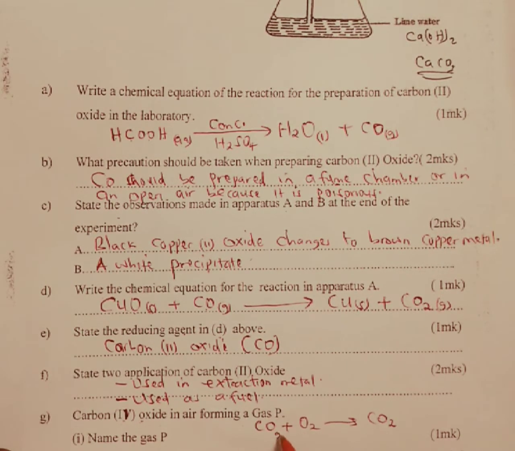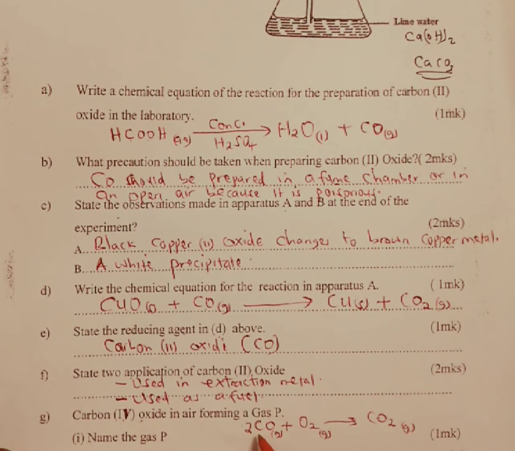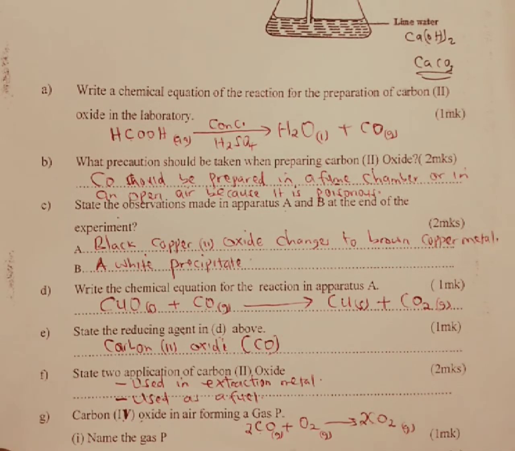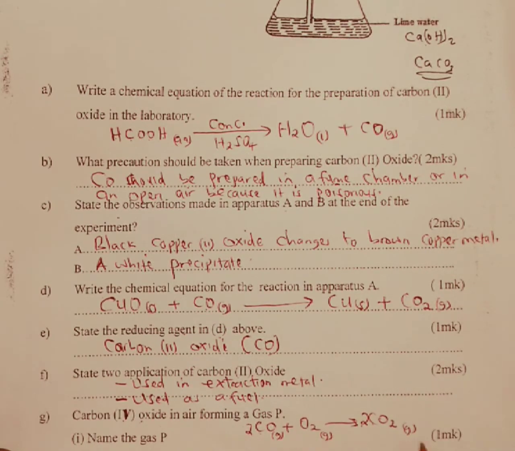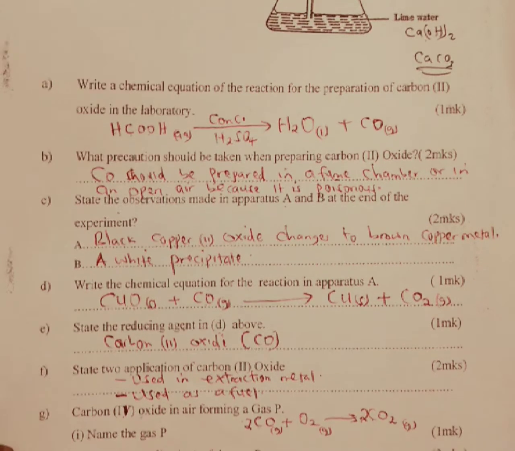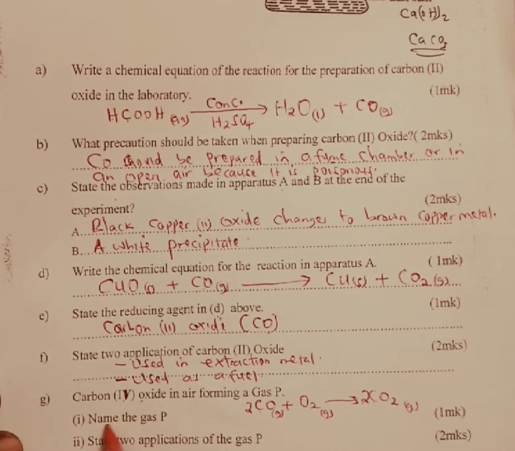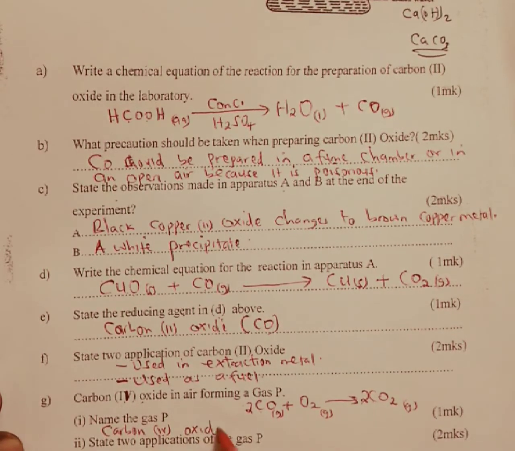Just balance. This is a gas, this is a gas, this is also a gas. So we write 2 behind carbon 2 oxide and 2 here, such that we have 2 carbon atoms. Oxygens are now 2 plus 2, which are 4, then here is 2, and therefore that equation is balanced. We are supposed to name the gas P, and the gas P is carbon 4 oxide.